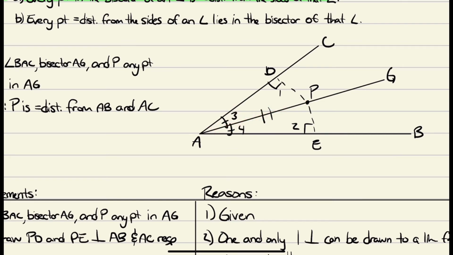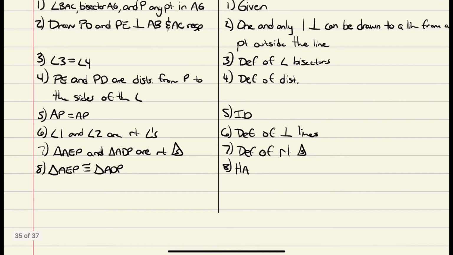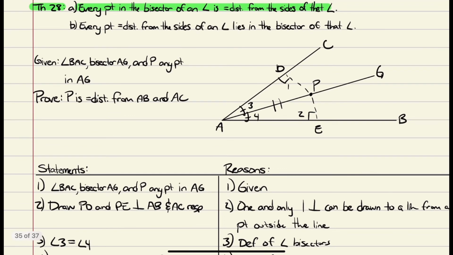So there we go, hypotenuse angle. And number 9, we can say PE equals PD by CPCTE. These two distances, we said in the proof that those are distances. Those distances are equal to each other. So P is equidistant to the sides of the angle.